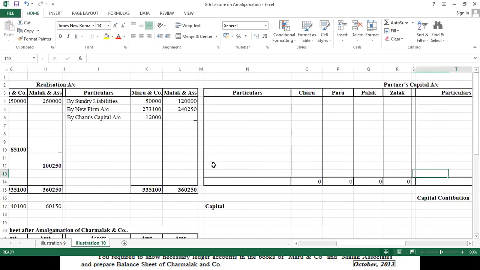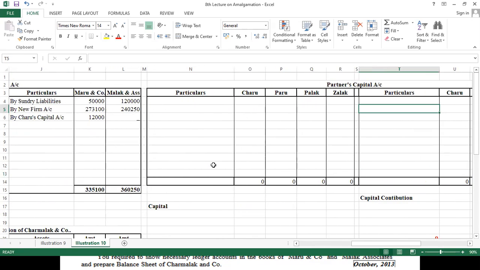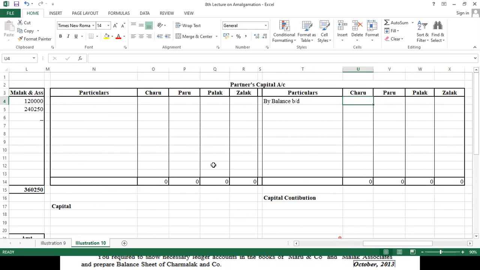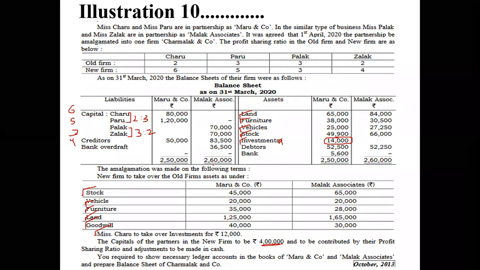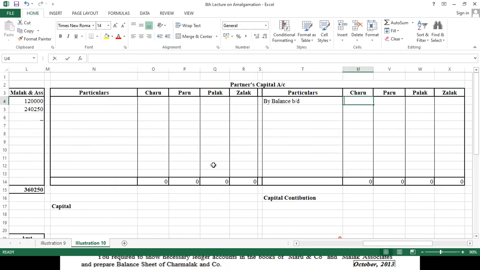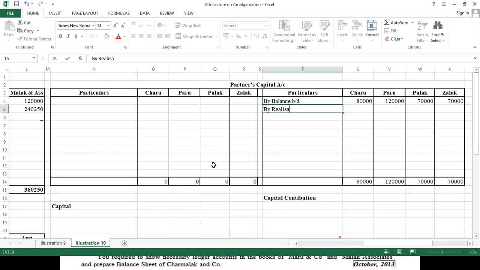Now let's move to the partners' capital account. First of all, we will write by balance brought down. Let's see the partners' amounts: 80,000, 1,20,000, 70,000 and 70,000. Then we have to write by realization account, within a bracket profit.